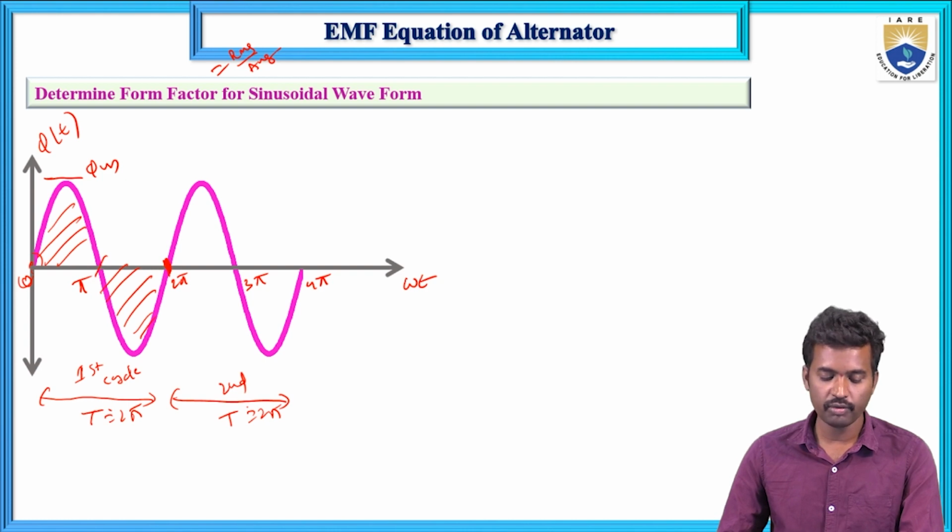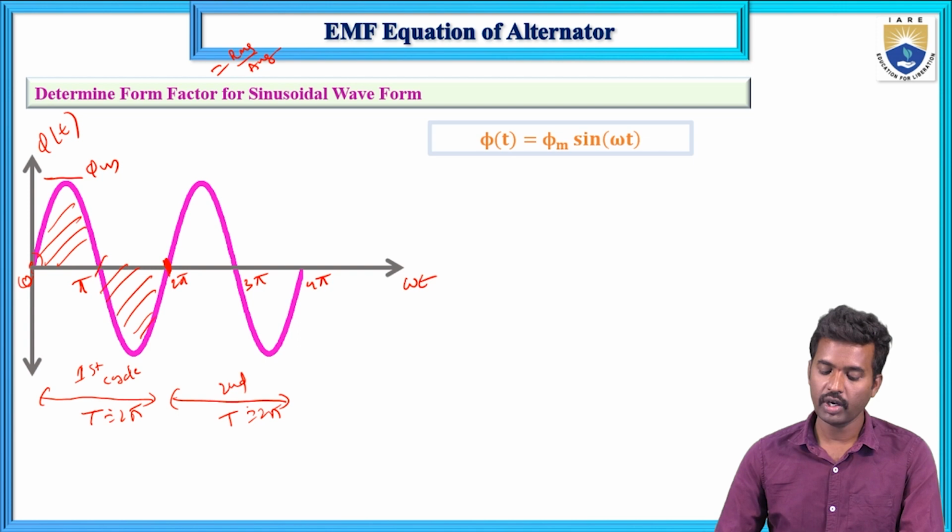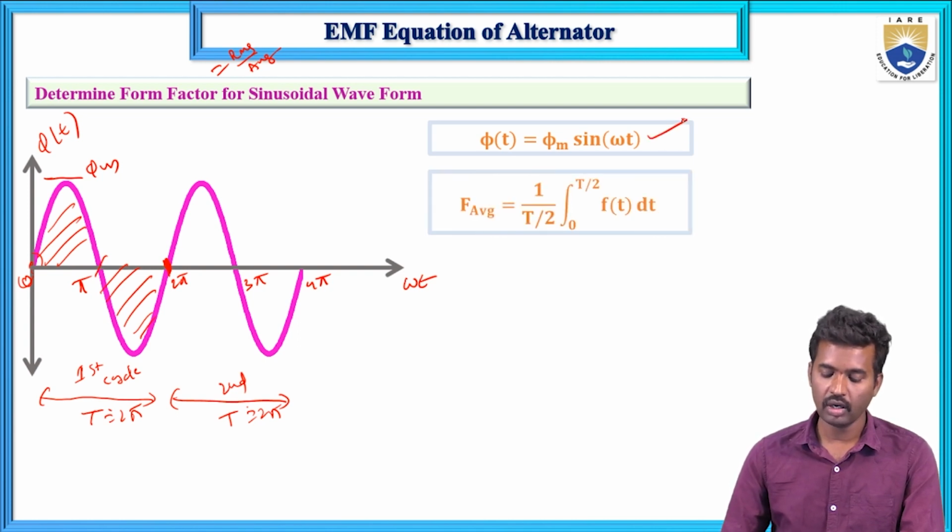Now here, for a sine wave, phi of t equals phi m sin omega t. For the average value formula, this is for a symmetrical waveform: 1 by T, integral from 0 to T by 2 of f of t dt. This is for a symmetrical waveform.